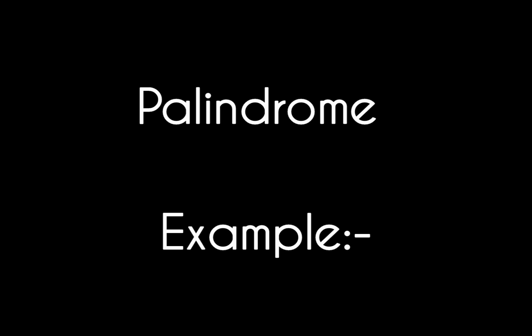There are some words that, if you read them from the right side or the left side, have the same pronunciation and remain the same. This is known as a palindrome. Like the word level. This word remains the same, either you read it from the left side or the right side. So this is known as a palindrome and this is the same thing which we are doing in this conditional statement.